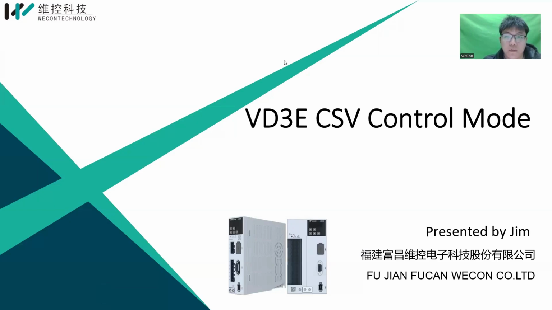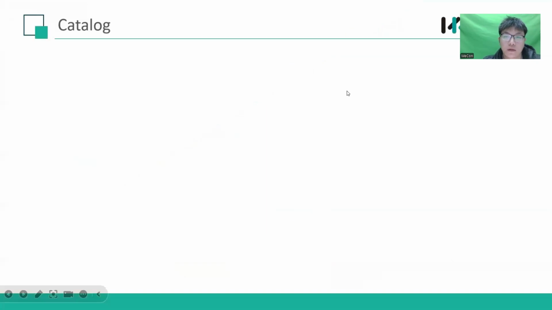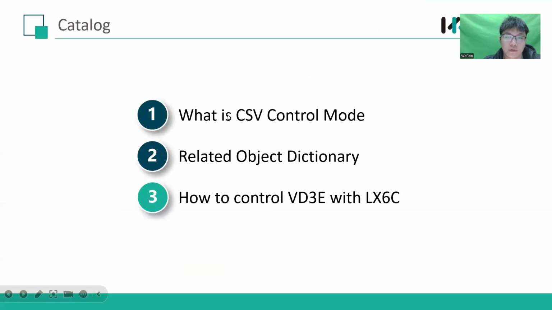And today, we will continue to introduce our VD3 product. Today I will introduce CSV control mode. In the last training, we already introduced CSP control mode, so it's similar to use our driver in CSV control, but there will be one thing different.